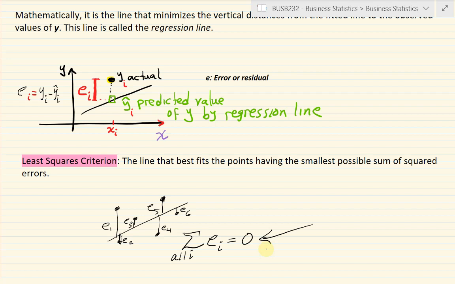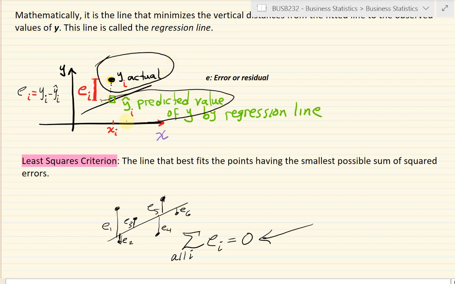Part of the reason is that some of these errors are positive and some are negative. If the observed value sits above the predicted value, when you subtract the lower number from the higher number, you get a positive residual.